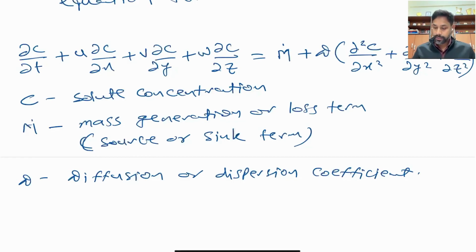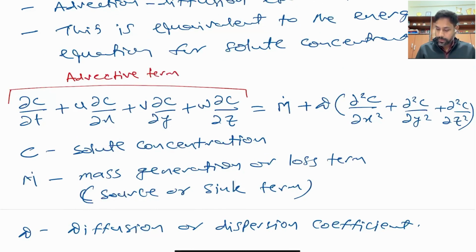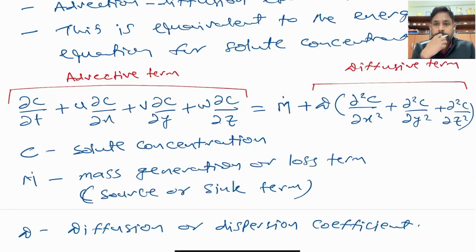And what exactly it means again? So this part is the advective term, and this part is the diffusive term, right?